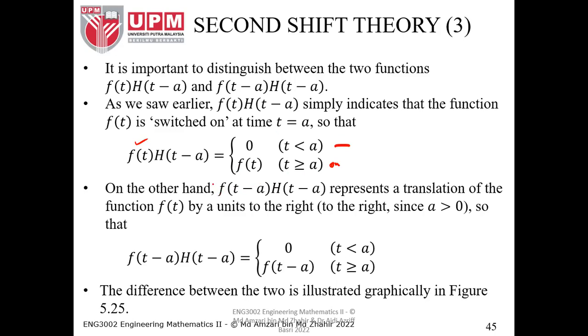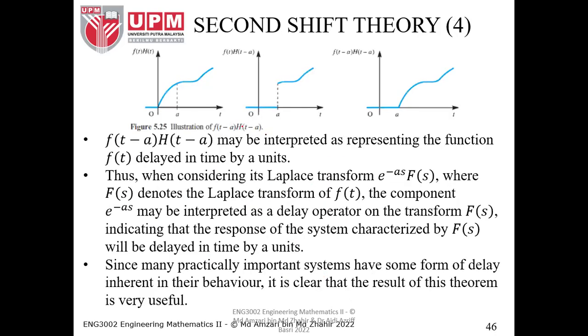On the other hand, f(t − a) H(t − a) represents f(t) shifted by a unit to the right. So the function inside also, instead of t, becomes t minus a. This one is the difference.